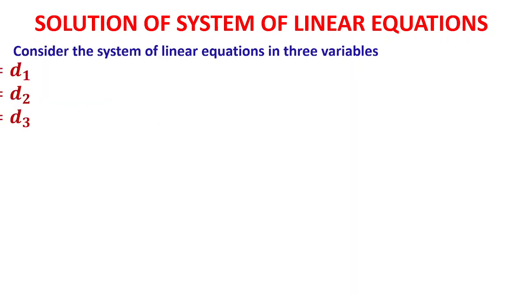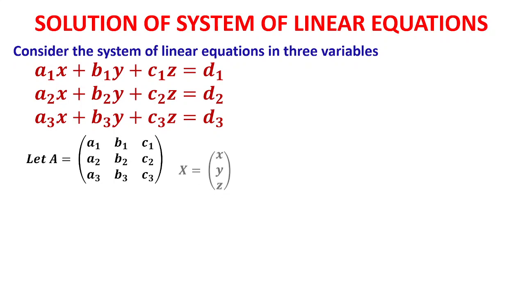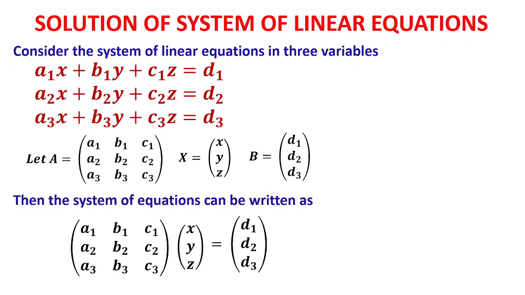Let us move on to having 3 variables now. Same idea. What is A? It will be the matrix obtained from the coefficients of x, y, z. Capital X is the matrix obtained from the variables. Capital B is the matrix obtained from the right hand side numbers d1, d2, d3. Same thing. It can be written like this now.